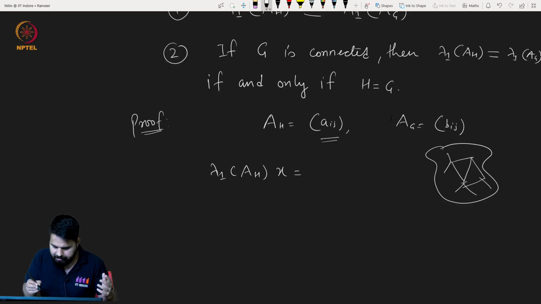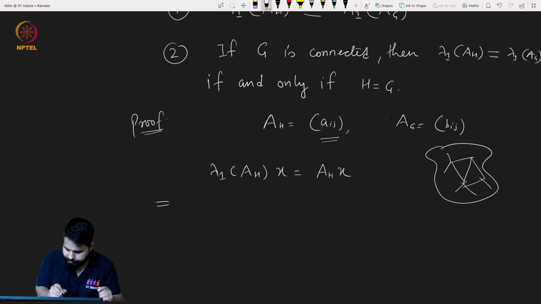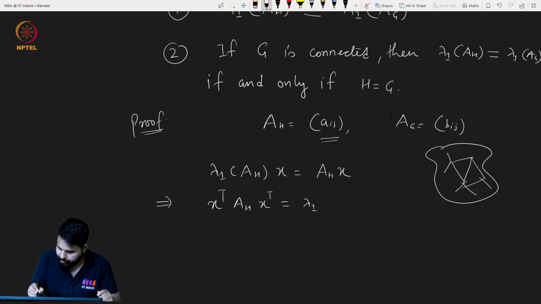So A_H times x equals lambda 1 times x. And this implies, as we have seen multiple times, that x transpose A_H x is indeed equal to lambda 1 of A_H.